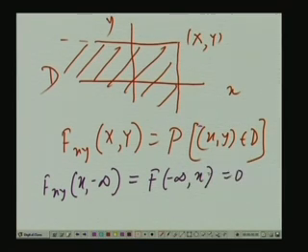Why? It is very simple actually. What is f x minus infinity? It is actually the probability of this event.